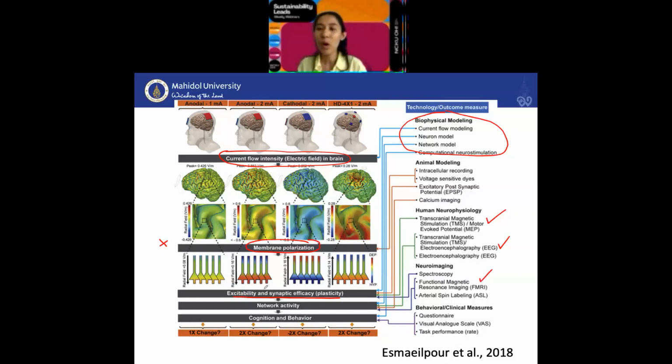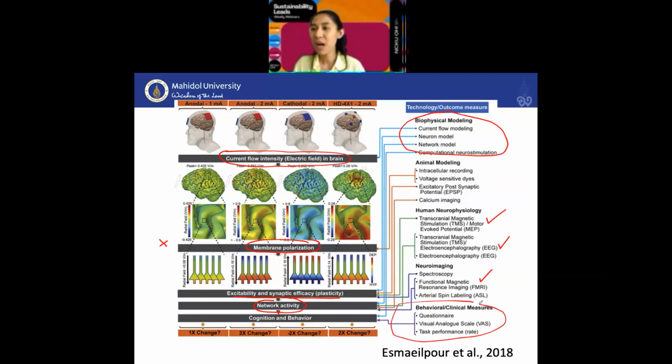When the cortical excitability changes, it's not only one cell, it's a network activity change, right? And then it would probably change the cognition or behavior or motor performance, whatever. This one you can measure by behavioral or clinical measures that are available in clinical use.